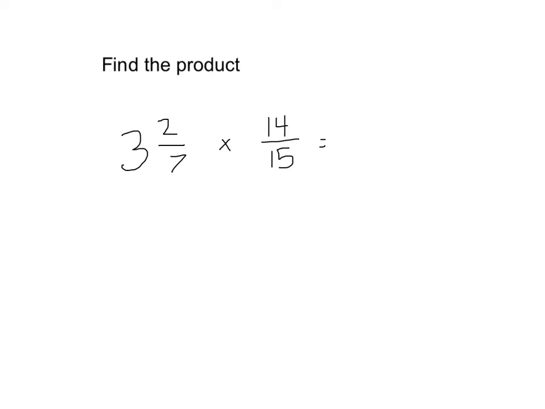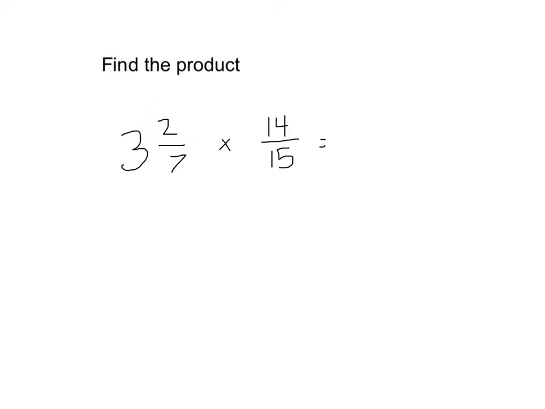Now hopefully in the past you remember that the steps to doing that would be, you take your denominator, multiply it by the whole number out to the side, and then you add the leftover remaining numerator. So in this case, I'm going to take 7, multiply it by 3 to have it equal 21, and then add 2 to that.